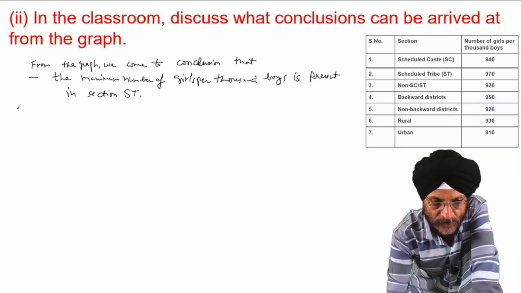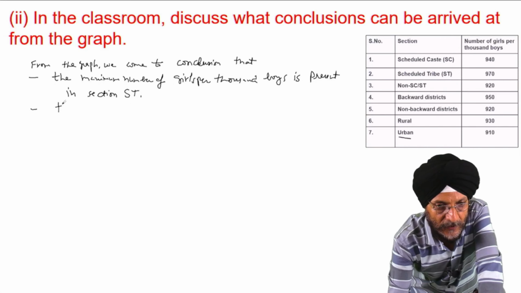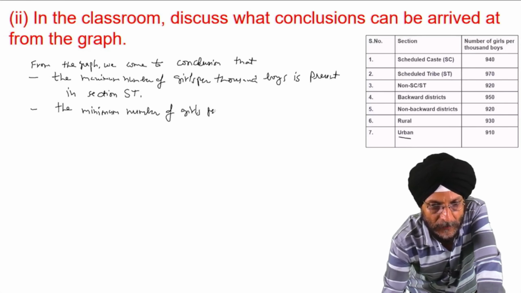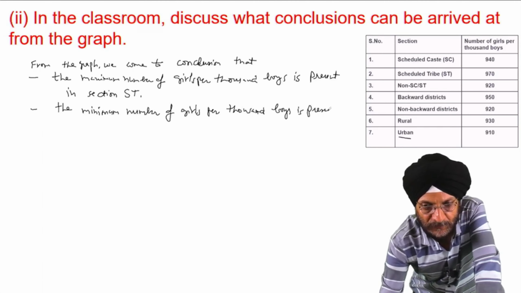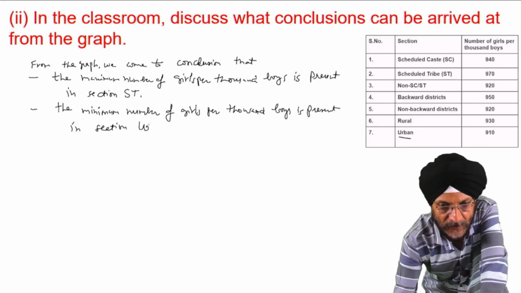And what other information we had drawn from the graph? That the minimum number of girls per thousand boys is present in section urban.